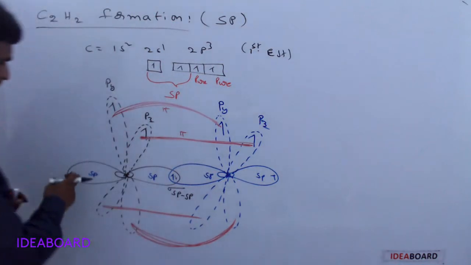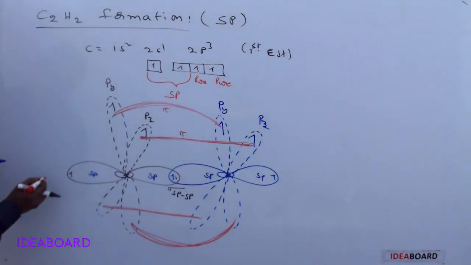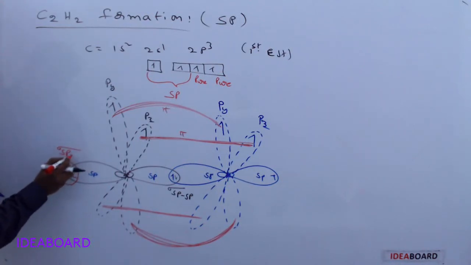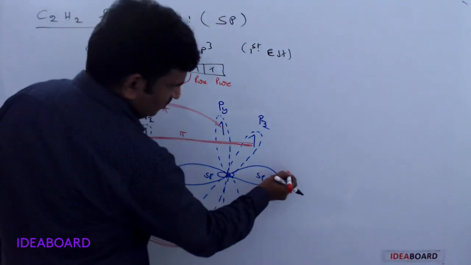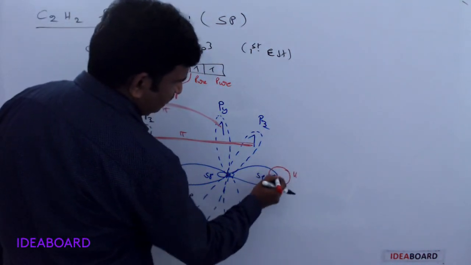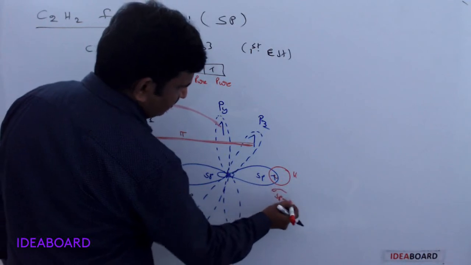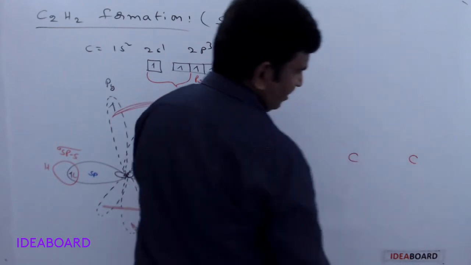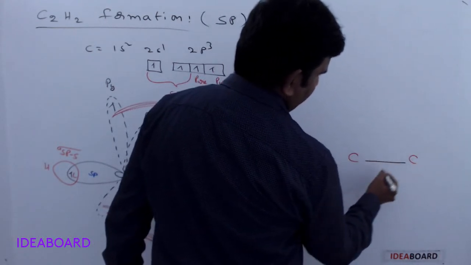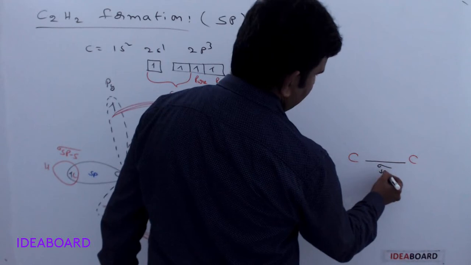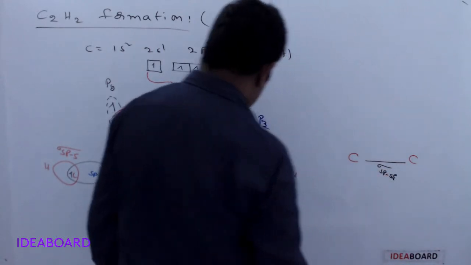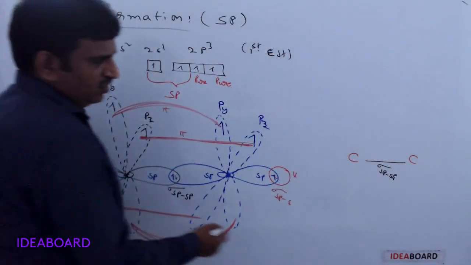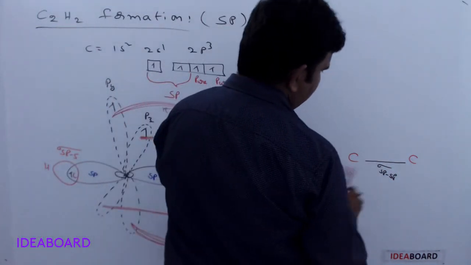So what about the remaining hybrid orbitals? They form a sigma bond with a hydrogen atom. So what is the sigma bond? Sigma sps. Here also another hybrid orbital forms a sigma sps bond. So between two carbon atoms, there is one sigma bond formed by sigma sp, and next there are pi bonds only.